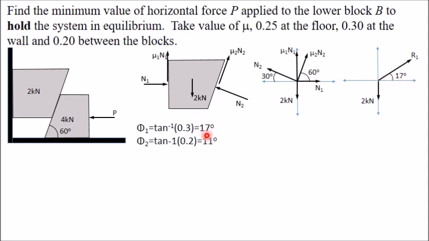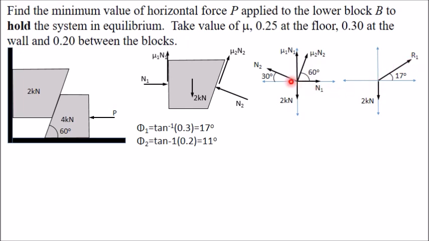So this angle is 17 degrees. Once you draw this R1, you need not draw N1 and mu1 N1, because R1 is the resultant of N1 and mu1 N1. So we have removed N1 and mu1 N1, and in their place we have drawn R1. Similarly you can draw R2.